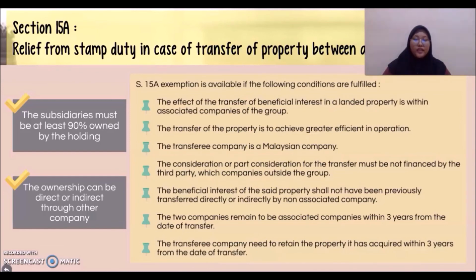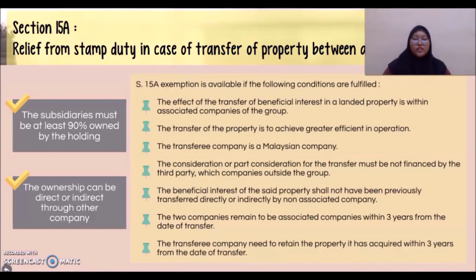The two companies must remain associated companies within 3 years from the date of transfer, which means if the two companies are not associated companies for 3 years, then they do not fulfill the conditions and cannot claim the relief under section 15A.